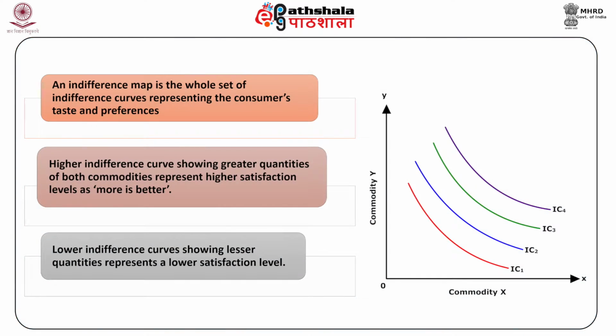An indifference map is the whole set of indifference curves representing the consumer's tastes and preferences. Figure 2. A higher indifference curve shows greater quantities of both goods, representing a higher satisfaction level, as more is better.